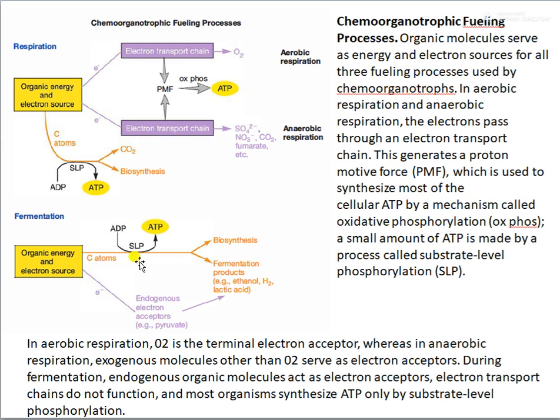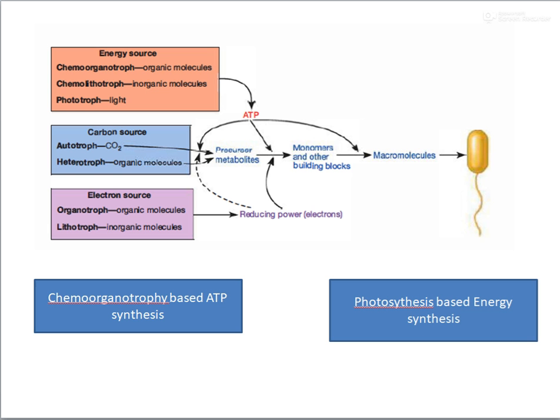So the overall metabolism of an organism is that it will take carbon, energy as well as an electron source, and this carbon is broken down and energy is liberated. Using these intermediates as well as the energy, various macromolecules will be formed. The energy derivation can be either by chemoorganotrophy or by photosynthesis.